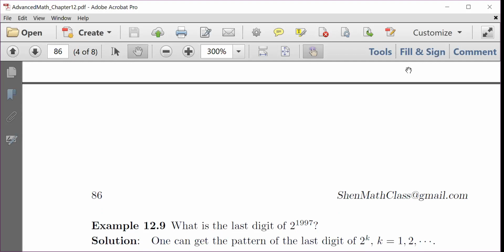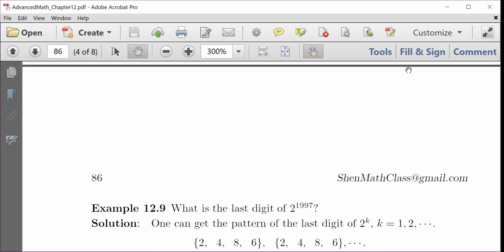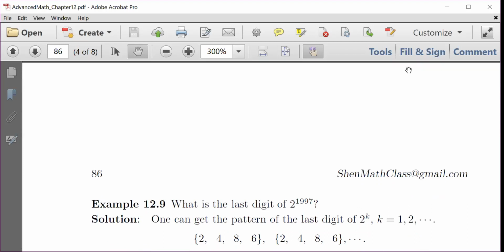The first method we try is to look at the pattern. Look at the last digit, okay? We find out that 2 to the 1 is 2, 2 to the 2 is 4, 2 to the 3 is 8, and 2 to the 4 is 16, so the last digit is 6.